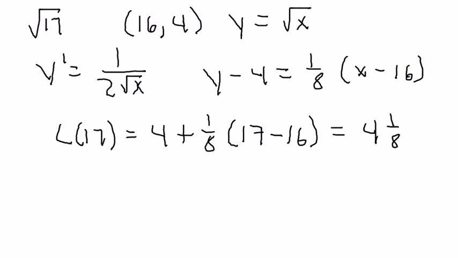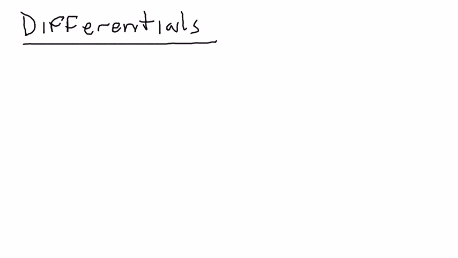The second part, the derivative times the change in the x value, has a special name. It's called a differential. Differentials are oftentimes used to see how much greater or smaller a particular value is than the actual target value.